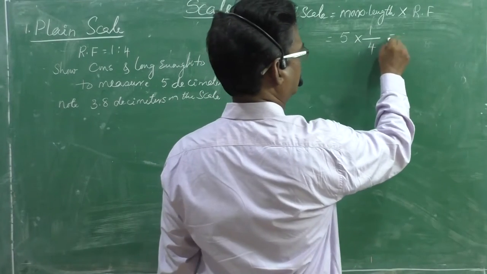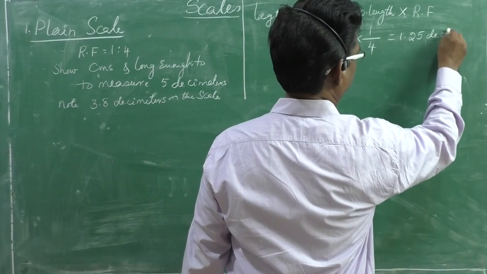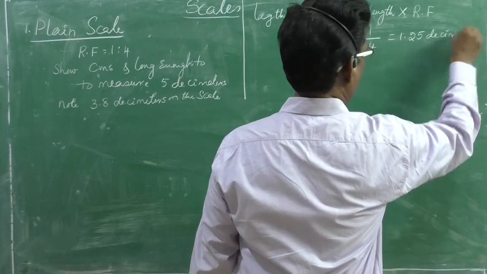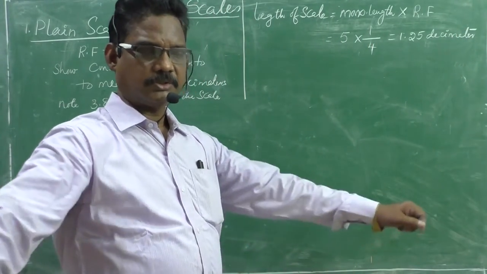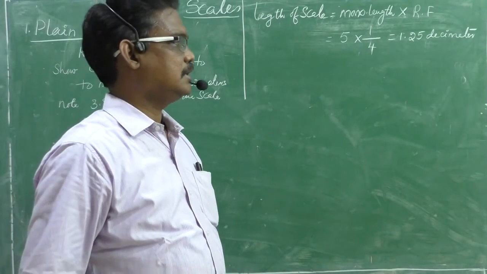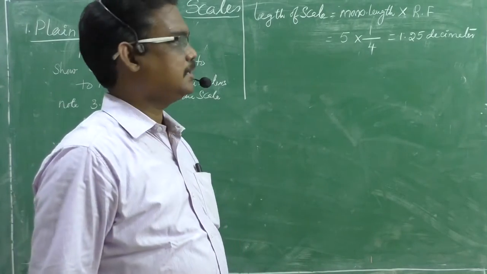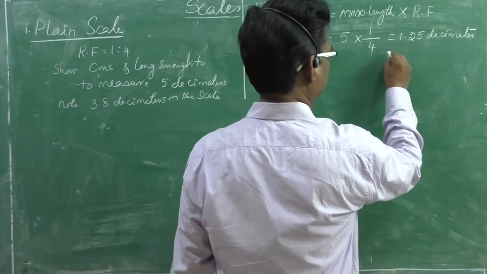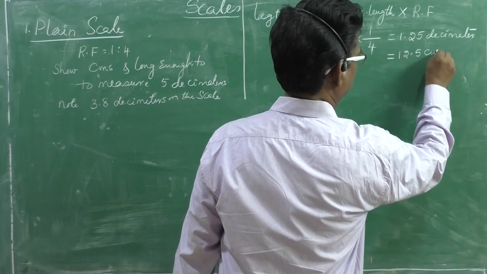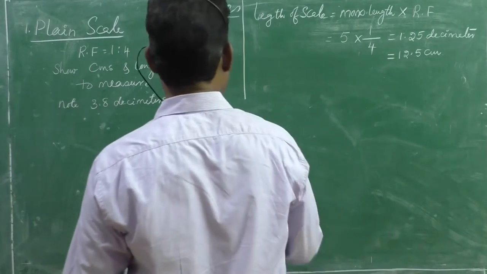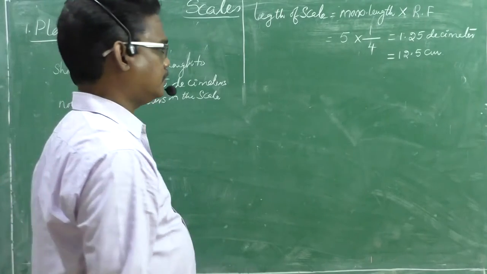Therefore 1.25 decimeters. But we need to draw that in centimeters. 10 centimeters is 1 decimeter. Therefore if you convert this into centimeters, 12.5 centimeters. Now the length of the scale is equal to 12.5 centimeters.